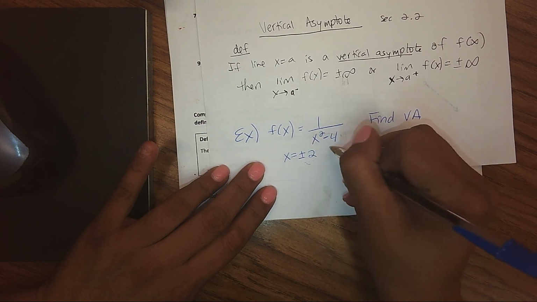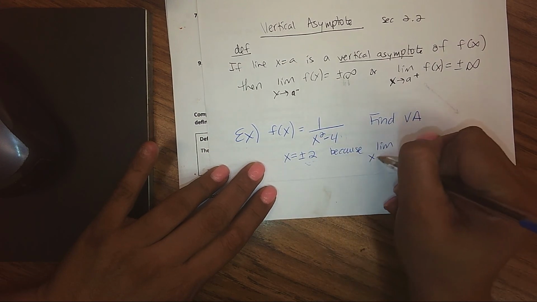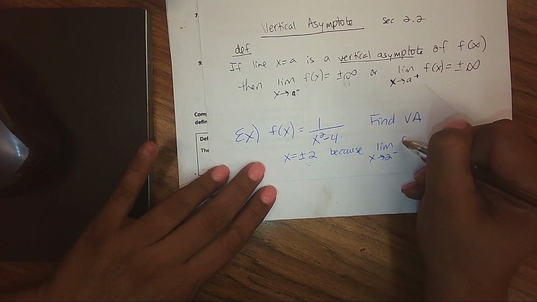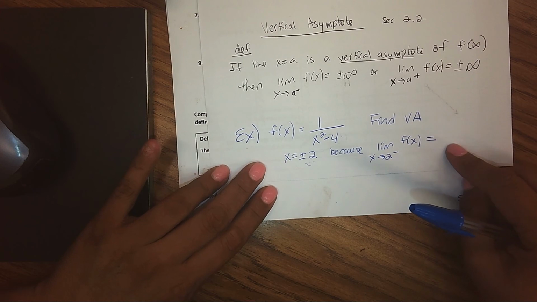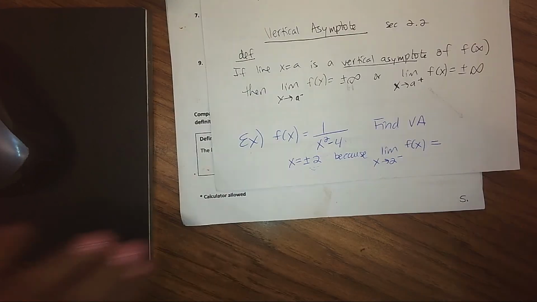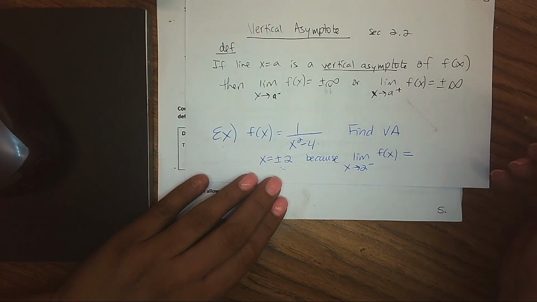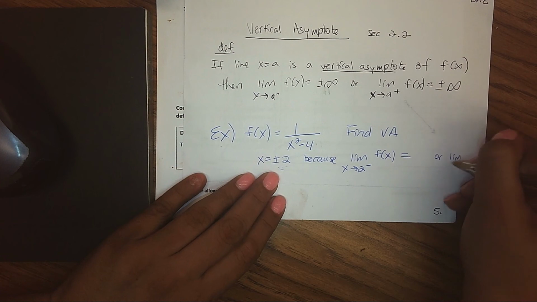So this is the vertical asymptote because the limit as I approach 2 from the left, use your calculator to go find this limit. I promise it's going to be some sort of infinity, positive or negative. And then also the limit as you approach 2 from the right is going to be some sort of infinity.